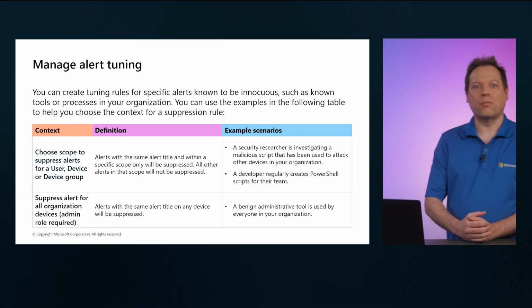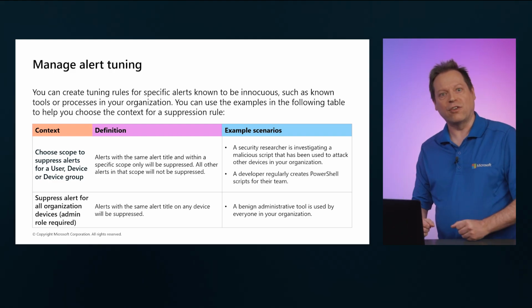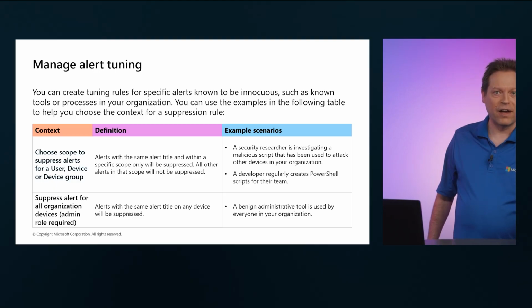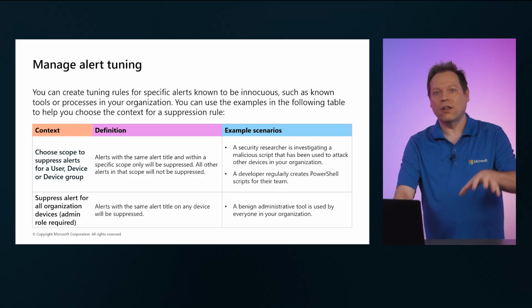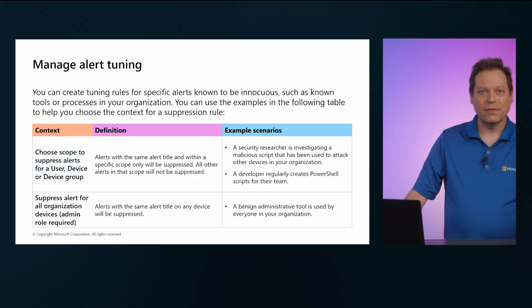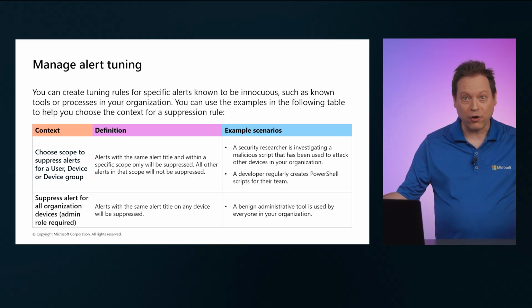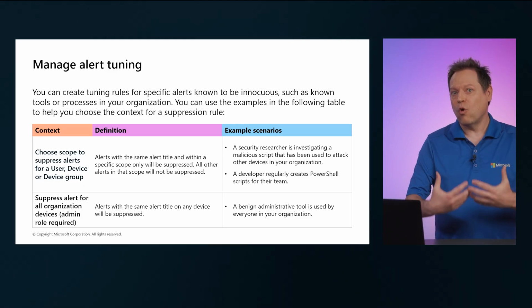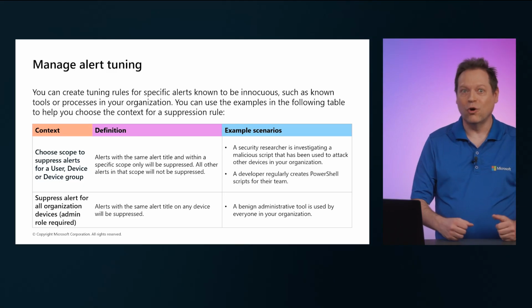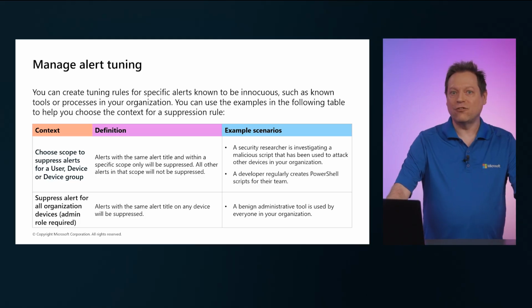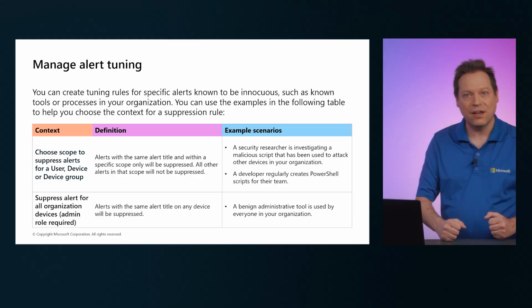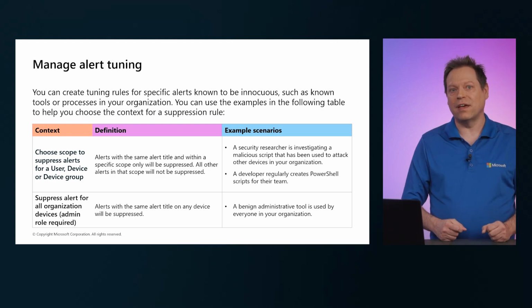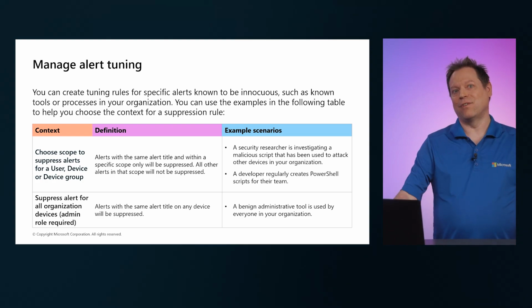You can scope suppression rules to a specific user or device group, so only matching alerts are suppressed while others remain visible. In scenarios that require broader suppression, such as an organization-wide benign tool, administrators can suppress alerts across all devices. This approach helps analysts stay focused on meaningful threats instead of chasing expected activity.